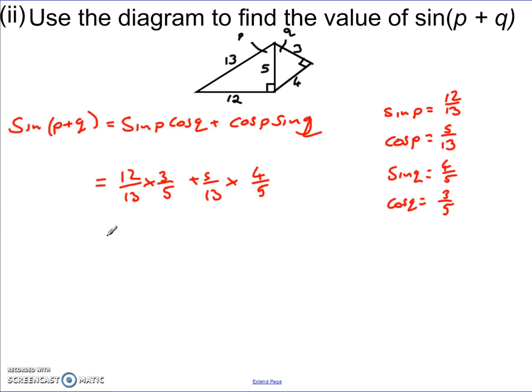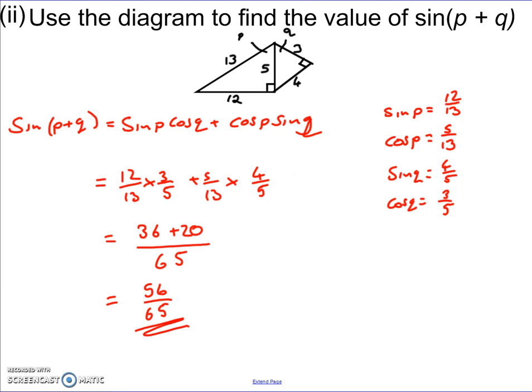It's then just a case of simplifying the whole thing down. So 3 times 12 is 36, plus 5 4s, which is 20, all over 5 13s, which is 65. So that equals 56/65. We're not able to simplify that, so it stays as that. So there you go. We now have the exact value of sine of P plus Q using this expansion.